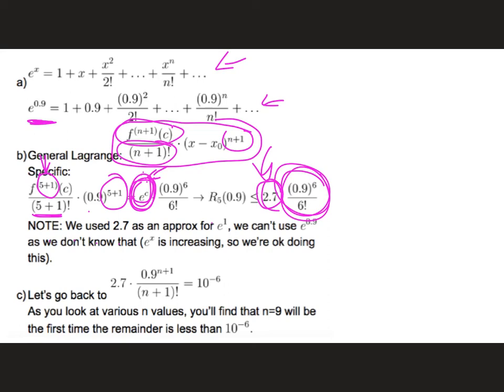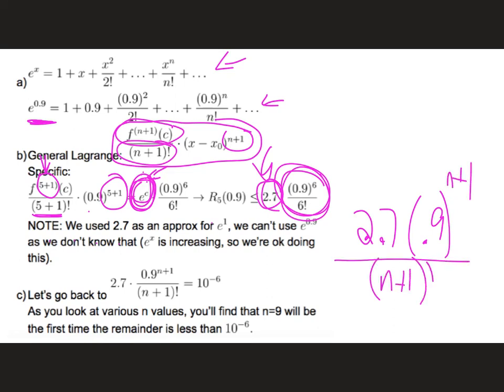All right. Now, if we think of this in general, what we're going to put for that e to the c value, no matter what c, because this is the e function, and then 0.9 is the thing we're plugging in, and we want to look at some random term, so the n plus 1 term, because this is the last part of that question, which was finding an error that's less than 10 to the negative 6, because sometimes you want to get things as close as some number. In this case, we picked 10 to the negative 6.